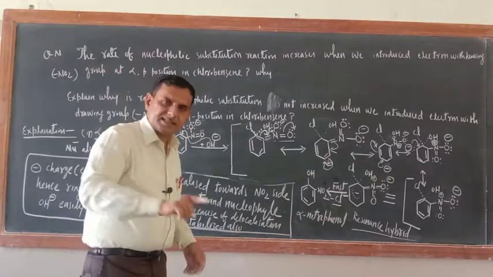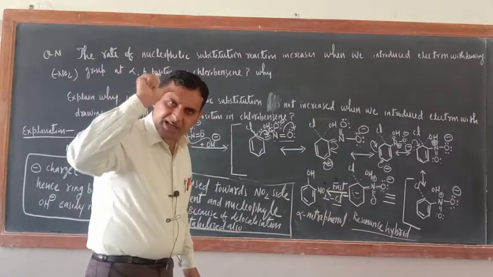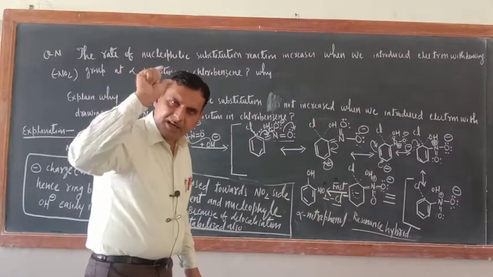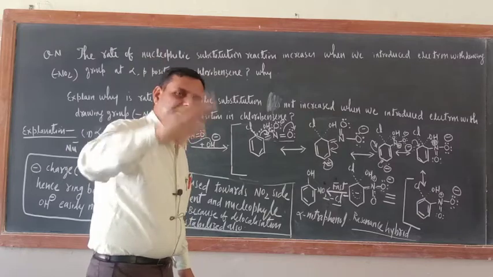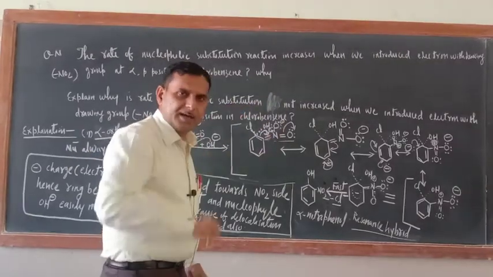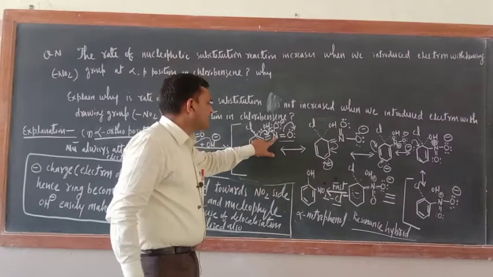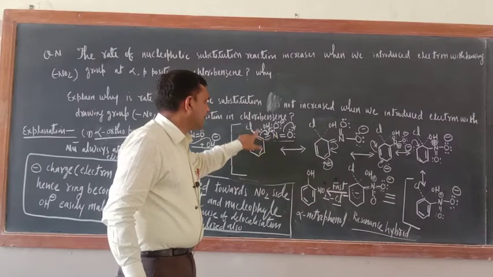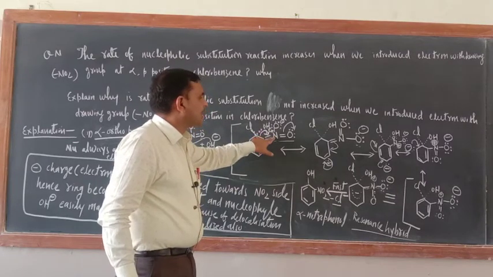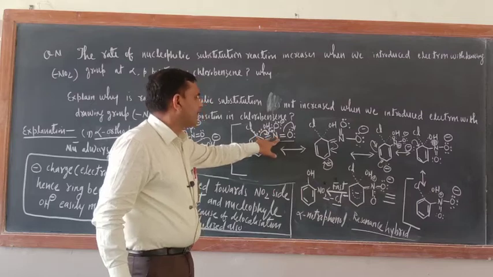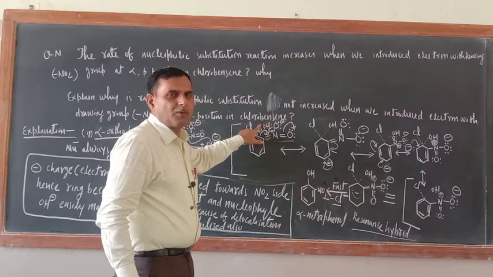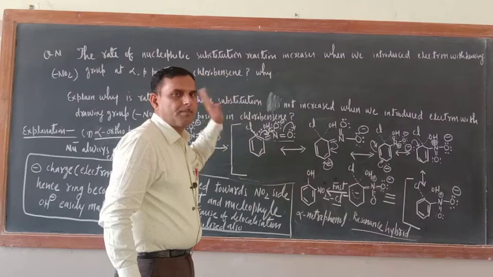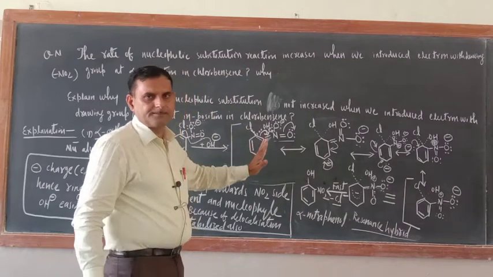The nucleophile always searches for that condition when the ring will have electron deficiency. At that time only it will make a bond. So due to the presence of NO2 at ortho position, the ring electron will channelize toward the NO2 side and it will be easier for the OH negative nucleophile to make a bond. That is the only meaning.